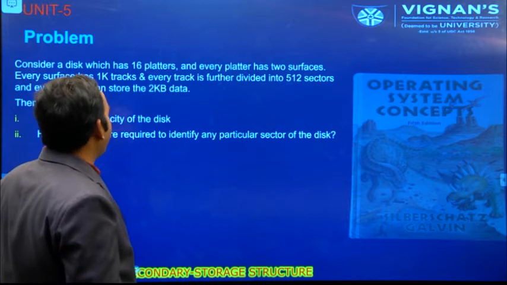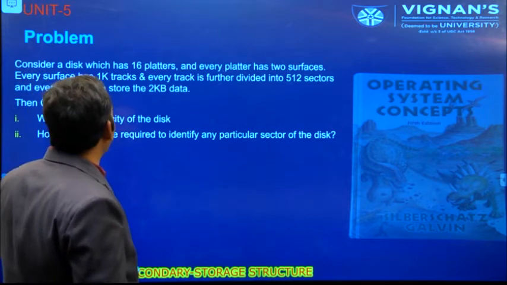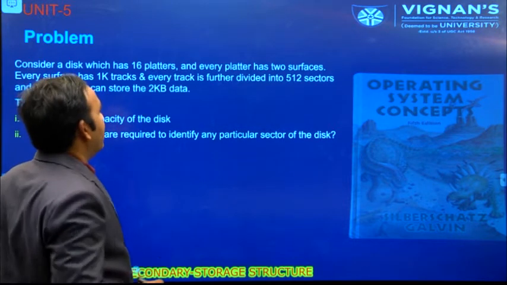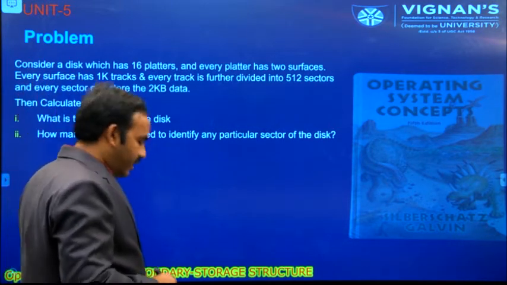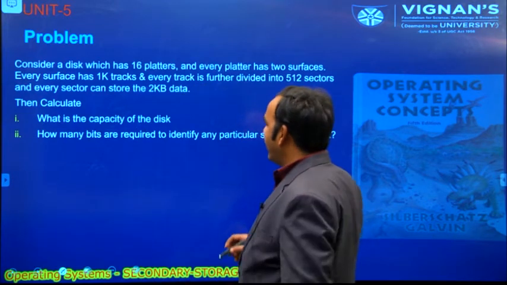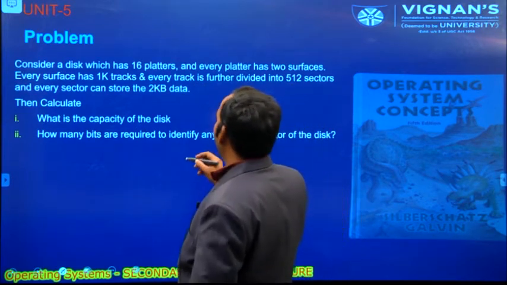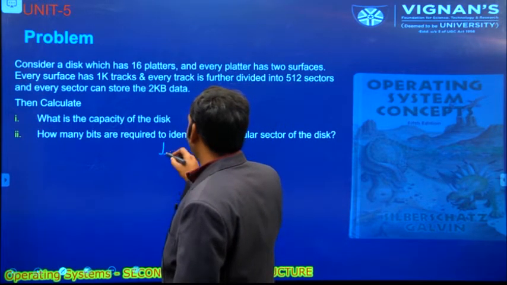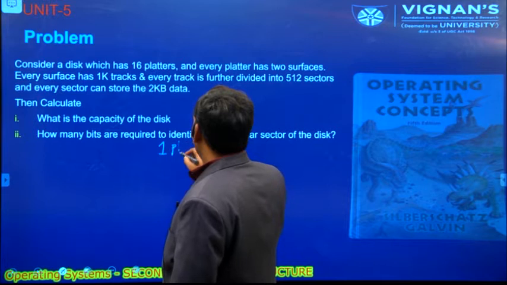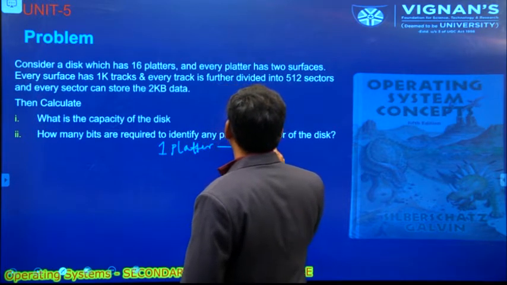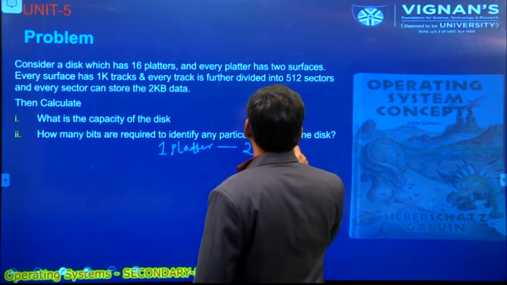First one is the capacity of the disk. To calculate the capacity, we have to find the number of sectors in the disk. First write the data. There are 16 platters, and one platter contains two surfaces.